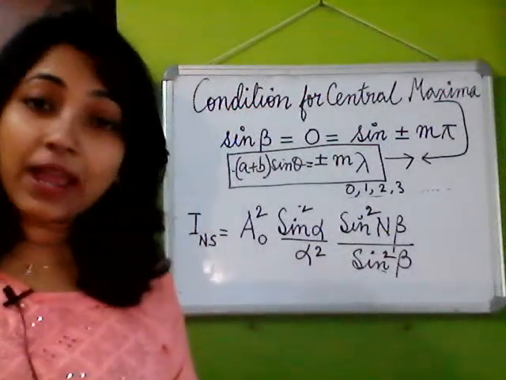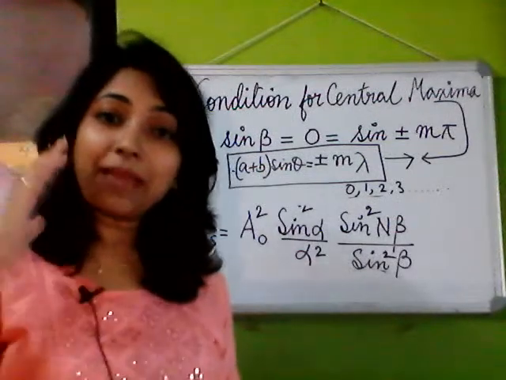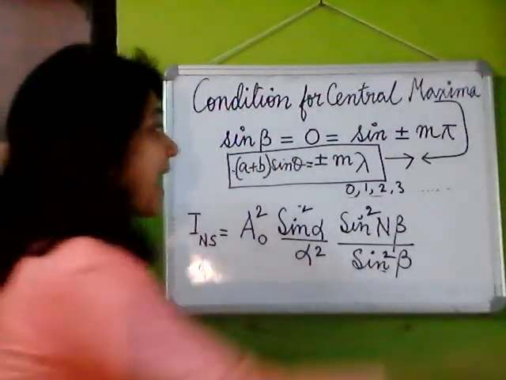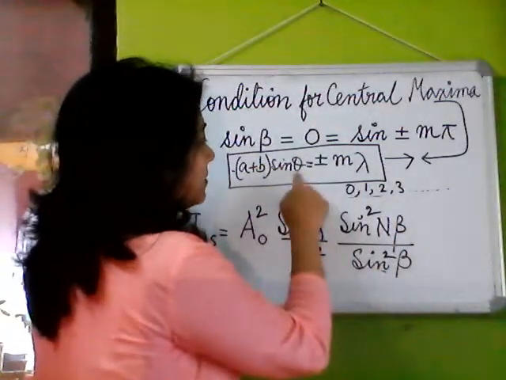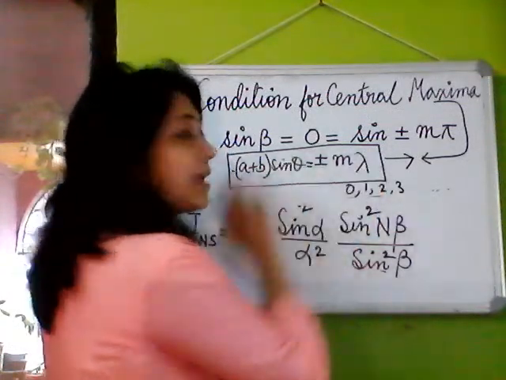Please see what I am trying to tell you now. We need to calculate the value of maximum intensity, which is the intensity of light at the central maximum, when (a plus b) sin theta is plus minus m lambda.